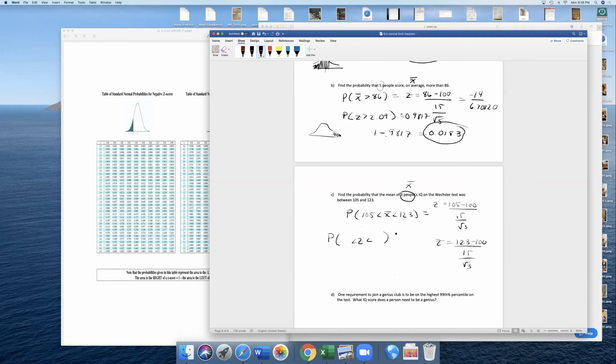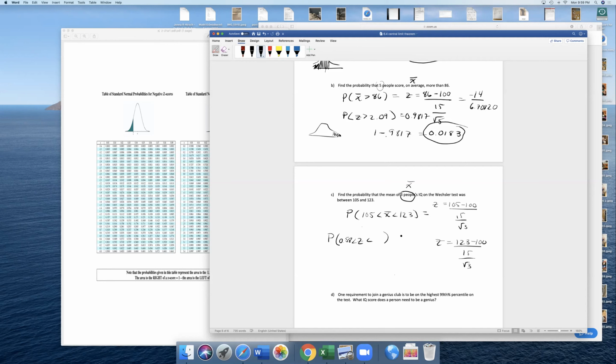105 minus 100. And I'm going to divide that by 15 divided by the square root of 3. And I get 0.58. For the second one, 123 minus 100.